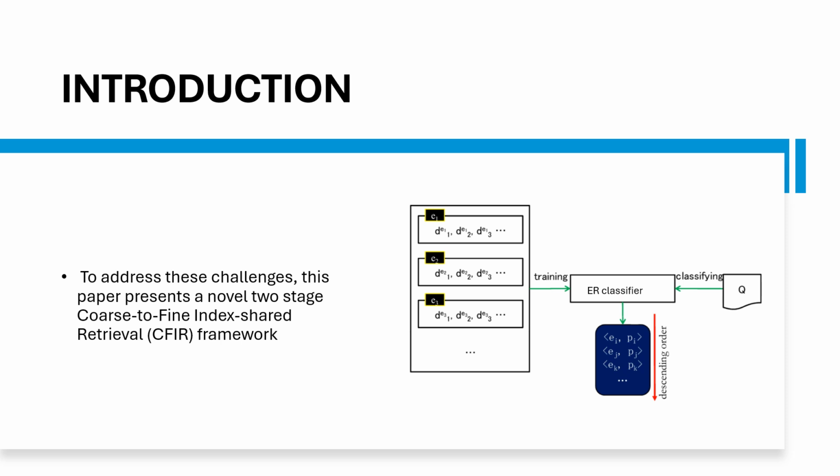So this is the ER classifier for entity-based ranking. To address these challenges, this paper presents a novel two-stage coarse-to-fine index-shared retrieval, or CFIR, framework. The first stage is entity-based ranking, or ER, and the ER result is used to construct a shared entity-based image candidates index.